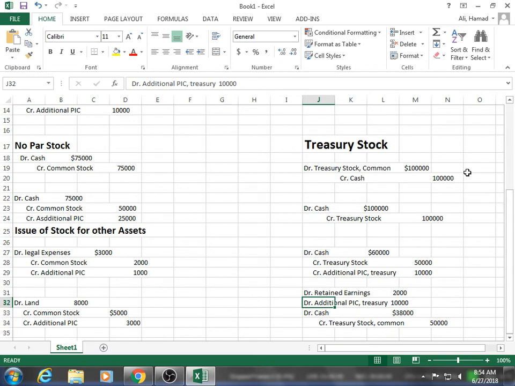For those 2,000 shares, it's also no longer common stock. It was retired. So we're going to debit common stock. We're going to debit any PIC if it's available. And we may have a gain or loss in this case.